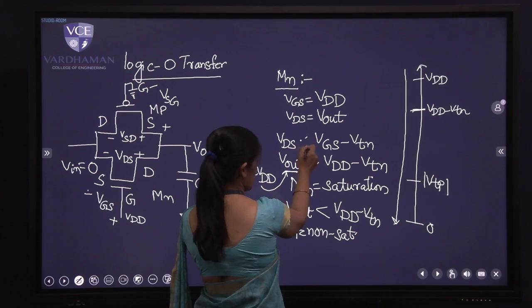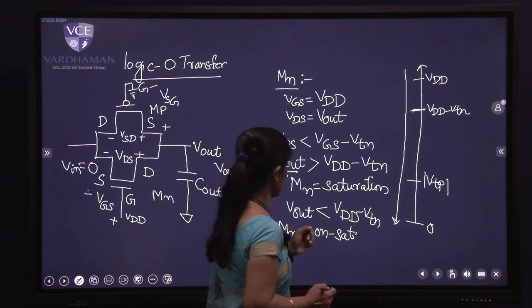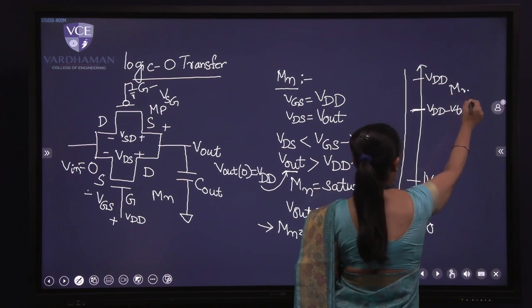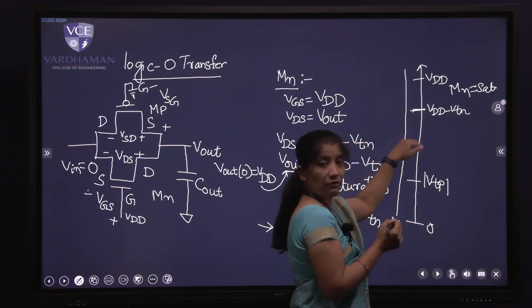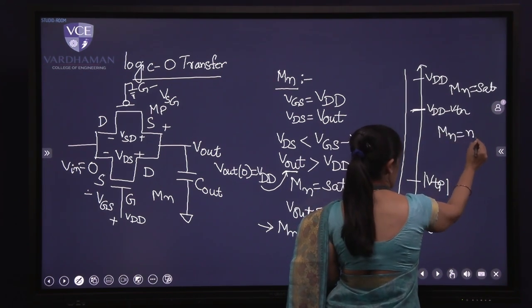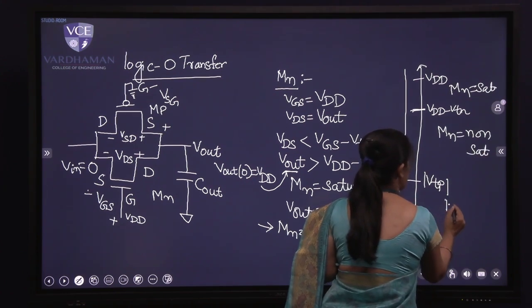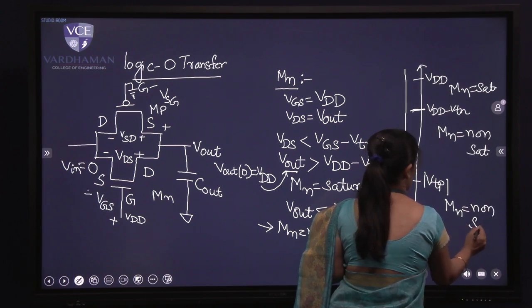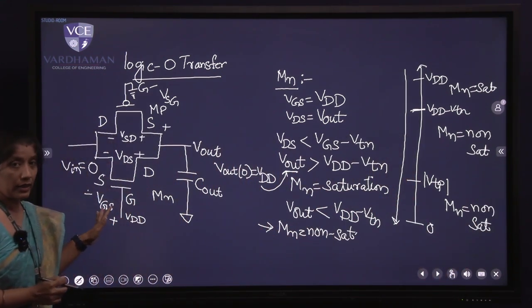Because this condition is becoming less than now, your transistor is entering into non-saturation. So let me write down here what did we get. Mn, initially it is in saturation. After crossing VDD minus VTN, Mn has entered into non-saturation and the same thing continues thereafter. This is what we got for the NMOS analysis.